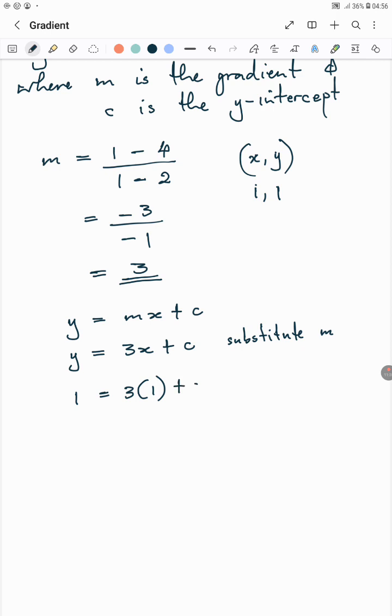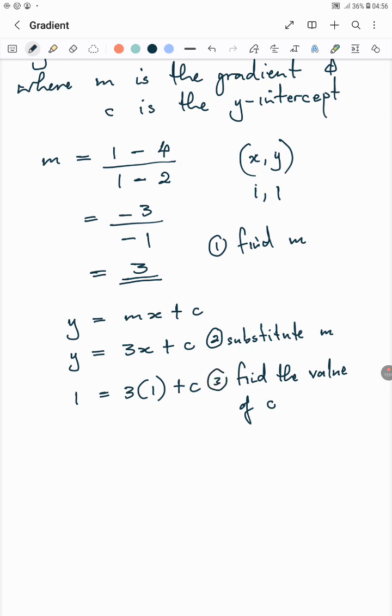So now we are finding the value of c. So the first thing, find m. That's part 1. Part 2, substitute m.